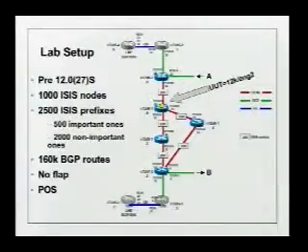It's a cloud worth 1,000 ISIS nodes and 2,500 ISIS prefixes. As you can see, it's a worst case scenario, because when I'm going to fail the link, from the unit under test viewpoint, all the cloud is impacted. So it means a full SPT will be required. Also, I inject 160,000 BGP prefixes in the lab setup.